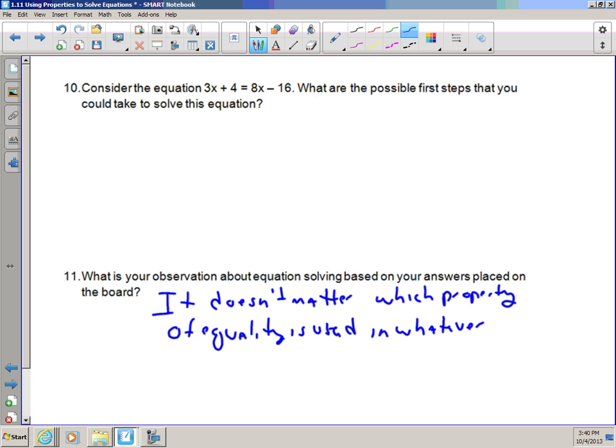I hope that's proper English. So, when solving equations, there are many different first steps that you can undertake, and at least there are 4 different first steps here.